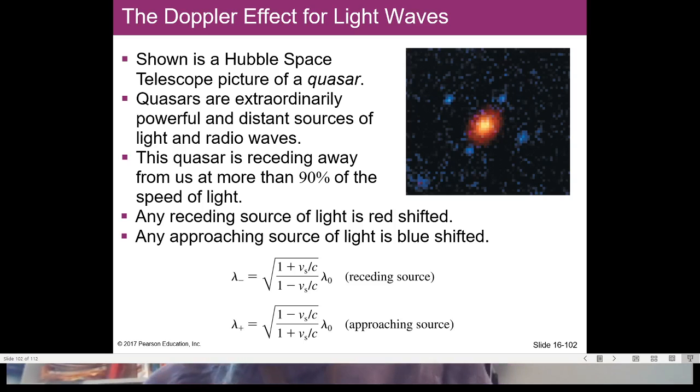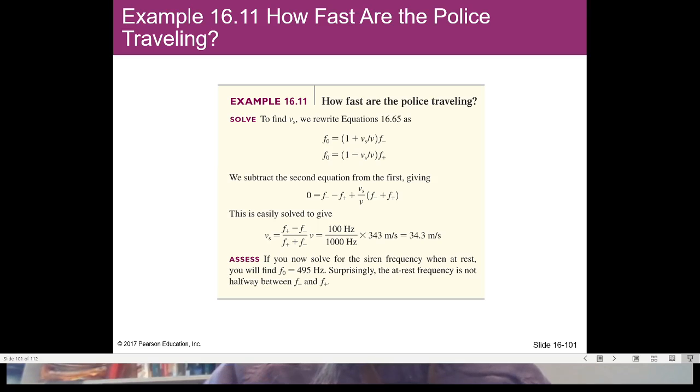Okay. Finally, the last thing we're going to be talking about is how we do the Doppler shift for light waves. Now, notice in these earlier equations, we had the velocity of the source or of the observer compared to the velocity in a medium.